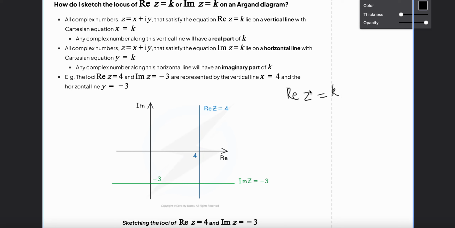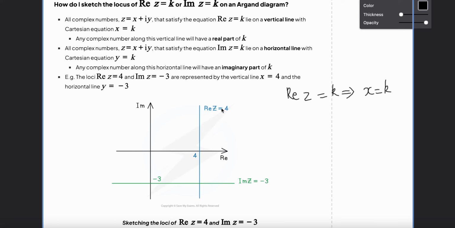So our z is a complex number and k is a real number. When we want to draw the locus of points real z equal to k, we look for the equation x equals k, right?